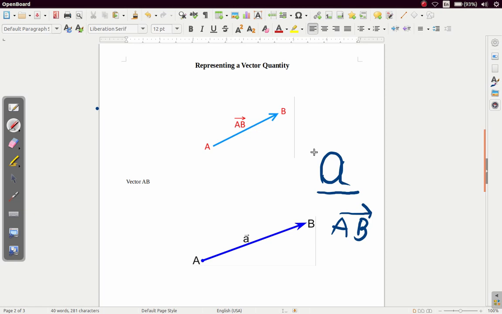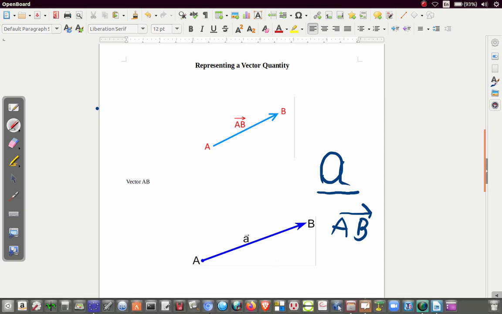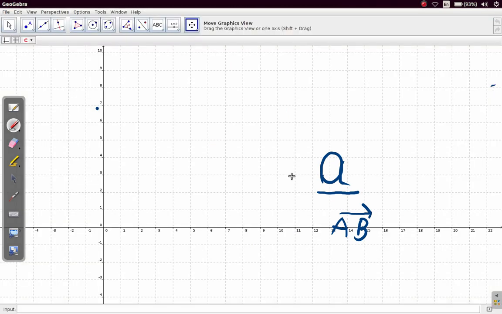Now, you can represent the vector on a graph where you have a certain scale to show the magnitude of the vector. For example, let me open my application here, called GeoGebra. And this is my graph paper here.